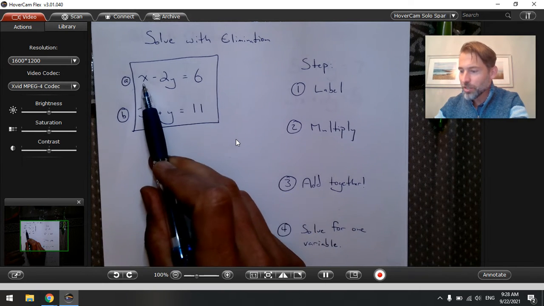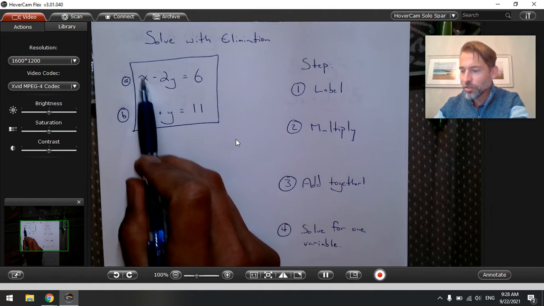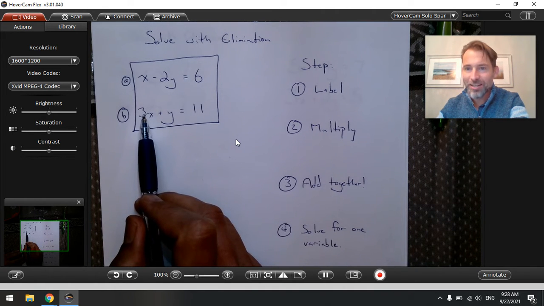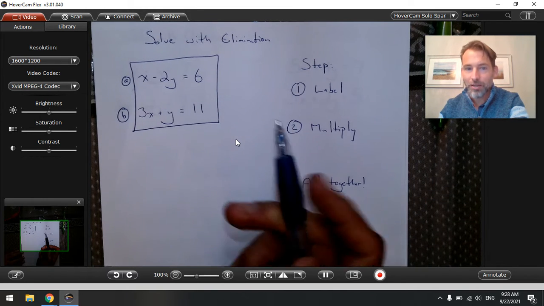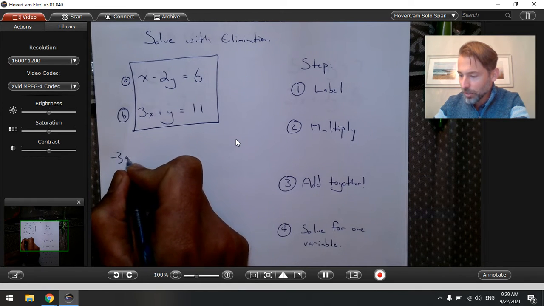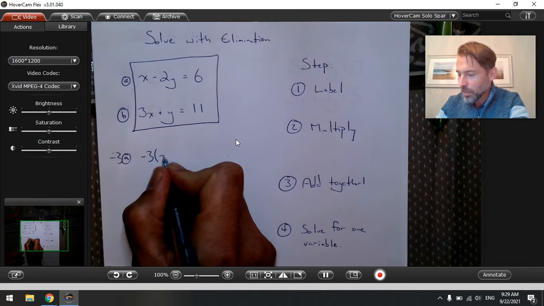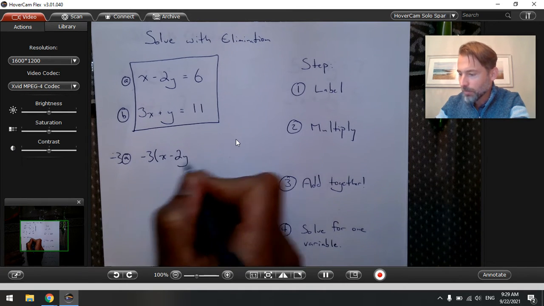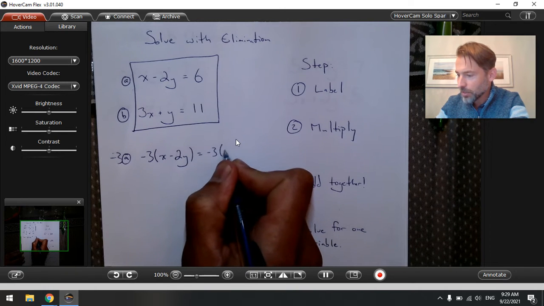So let's say I wanted to eliminate x and solve for y. I'm going to change this coefficient so that it's a -3. I want it to be the same value as that, but I want it to be negative. So let's set that up. Here I'm going to do -3 multiplied by A. So I'm going to multiply -3 times x minus 2y, and that's going to be equal to -3 times 6.